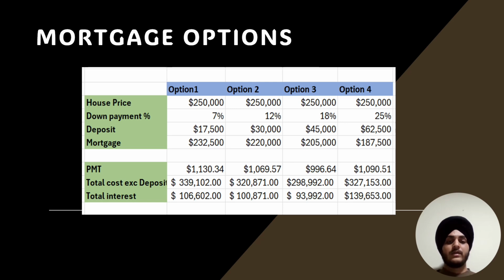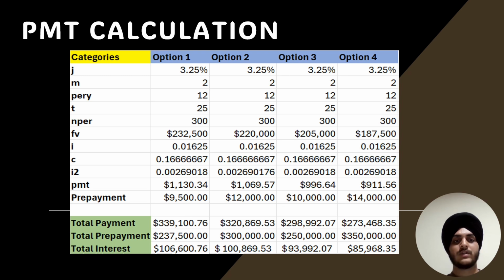Then we'll also calculate the PMT, which plays a very important role in the whole scenario. We have all the values with us: J is equal to 3.25%, M is equal to 2 for all the options, per Y is 12, T is 25 years, and N per we get by multiplying per Y into T, that gives us 300.